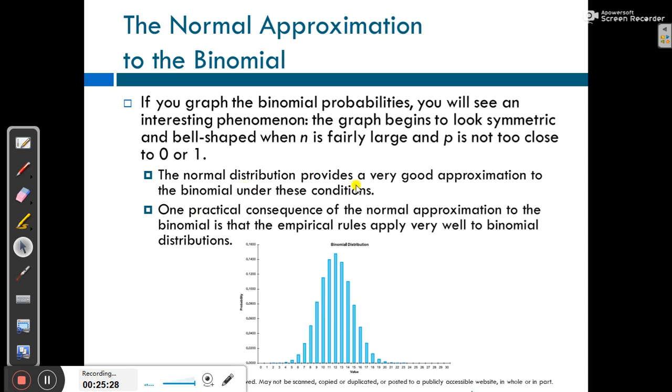So here you can see the binomial distribution and normal distribution look similar, but the binomial is discrete and the normal is continuous. One practical consequence of the normal approximation to the binomial is that the empirical rules apply very well to the binomial distribution. So the empirical rules of the normal distribution also apply to the binomial distribution if we take the normal approximation to the binomial.